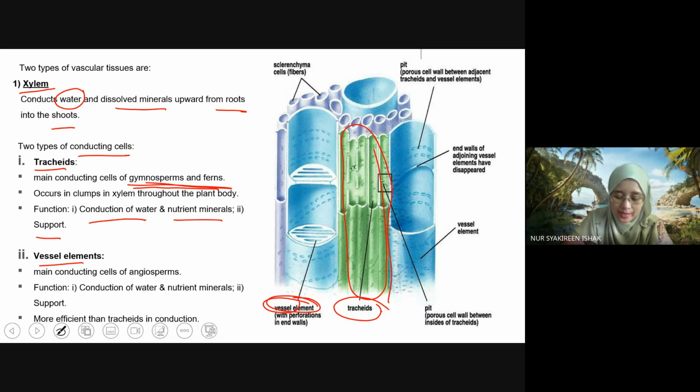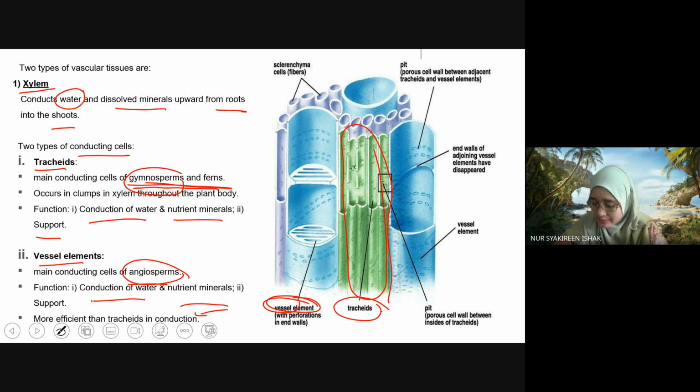And then the next one is the vessel element, the main conducting cells in angiosperms. You can google later how gymnosperms and angiosperms look. The function is conduction of water and also minerals and also support. It is more efficient than tracheids in conduction. Okay, it is more efficient.